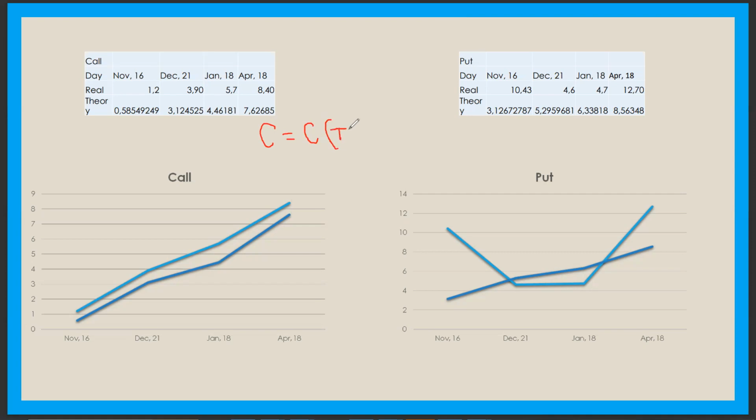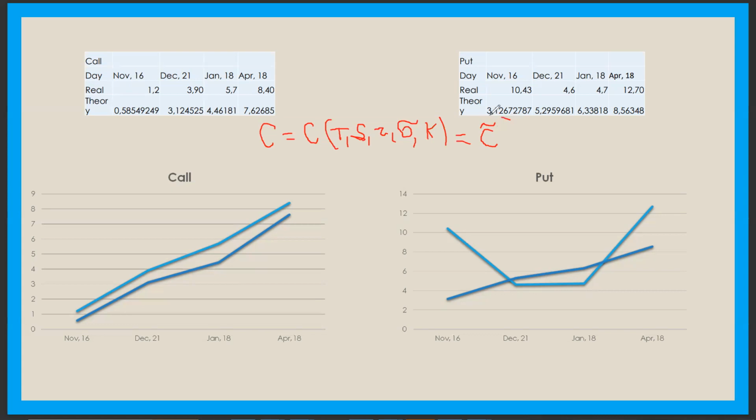You remember them: T, S, interest rate R, volatility, and strike price K. And okay, it is C. But on the site we have the premium, and I can denote it like this, C with a hat.